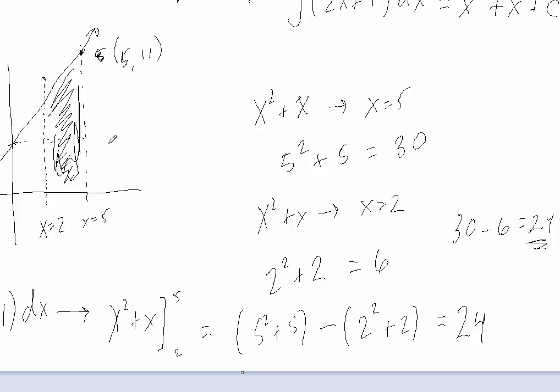Now, if we wanted to, we could find the area of a small triangle and a large rectangle. This rectangle, here we've got the points 2, 5. So we've got a rectangle whose width is 3 and whose height is 5.